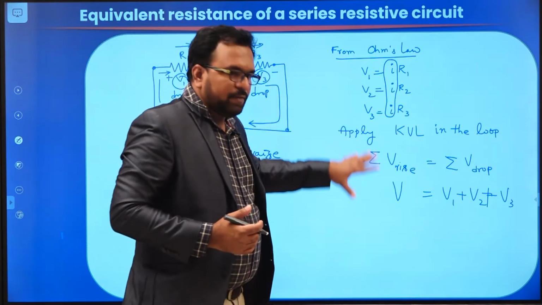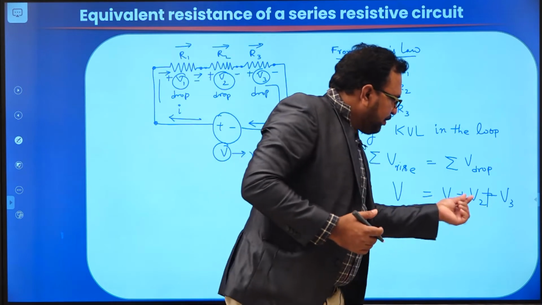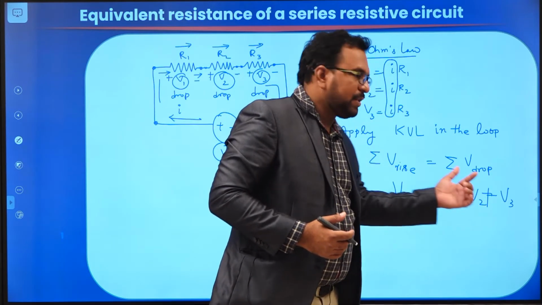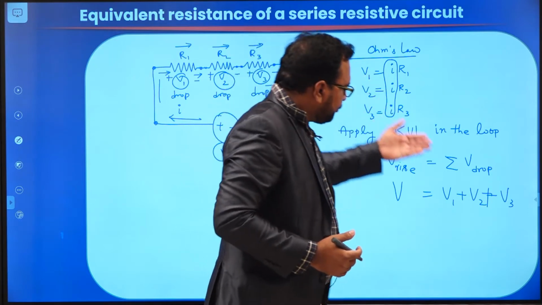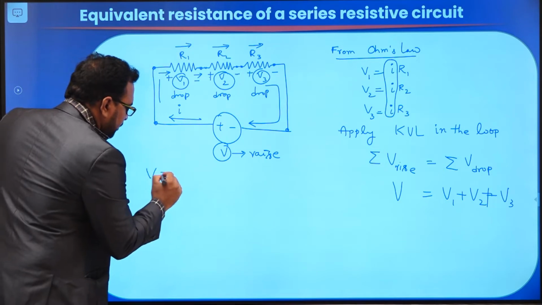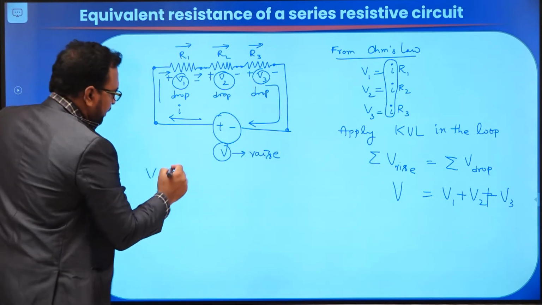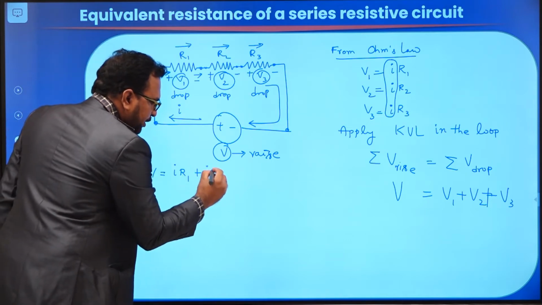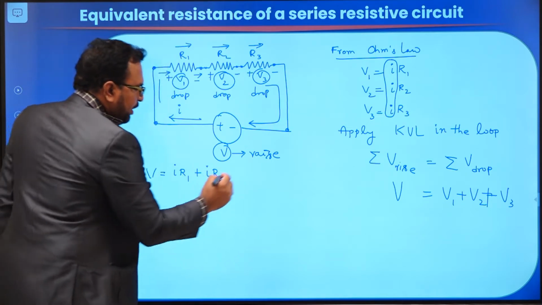Now, these are the set of equations. Here V1, V2, V3 are the assumed values and we have derived the expressions for V1, V2, V3 from Ohm's law. So, substitute those values here. Then you are going to get V is equal to, in place of V1 we know it is I into R1. Next, what is V2? I into R2. And what is V3?